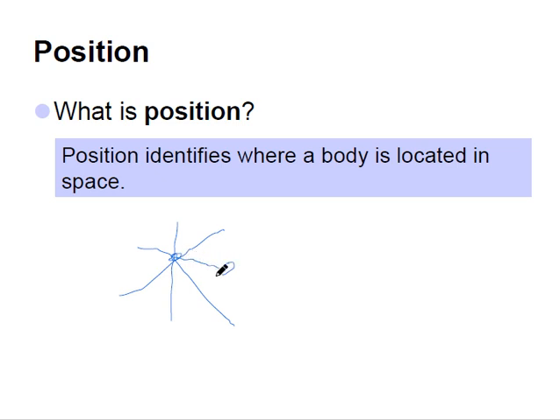You can see that you have distance and you have direction: the location in space where the body is located, measured by the axes defining that space around the body of interest.